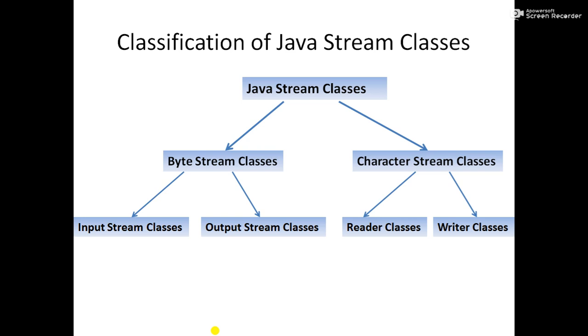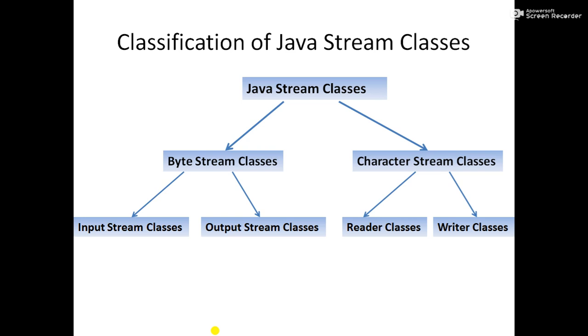So the program should handle either bytes or characters. That's why Java has two stream classes: the byte stream class, which handles bytes, and the character stream class, which handles characters.